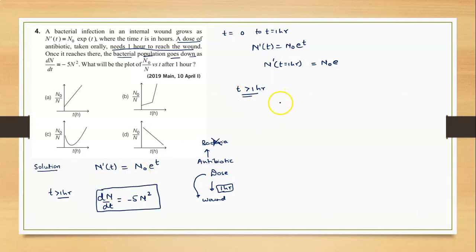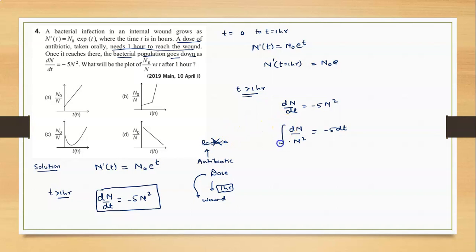This differential equation has to be solved: dN by dt is equal to minus 5N square. We can just integrate it. Minus dN upon N square is equal to minus 5 times dt.